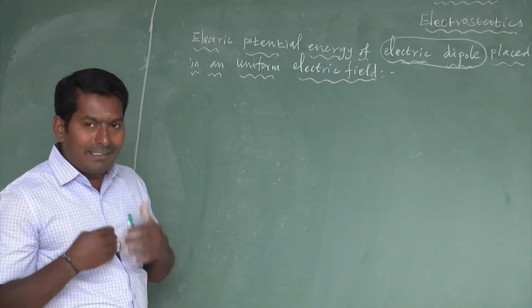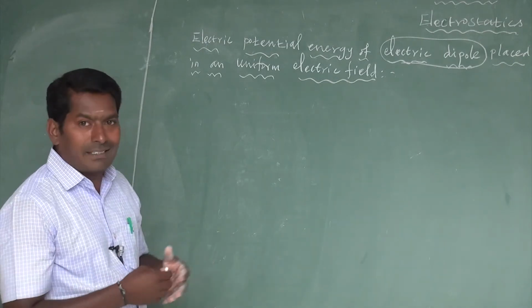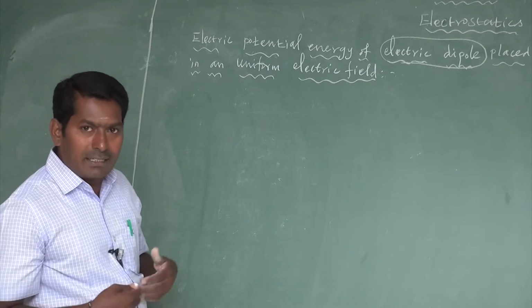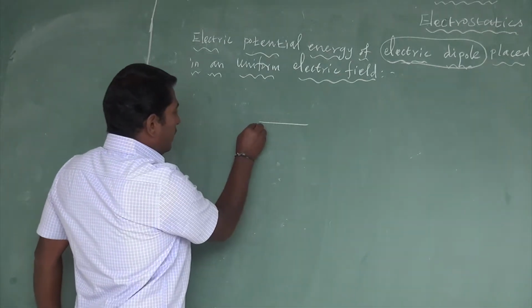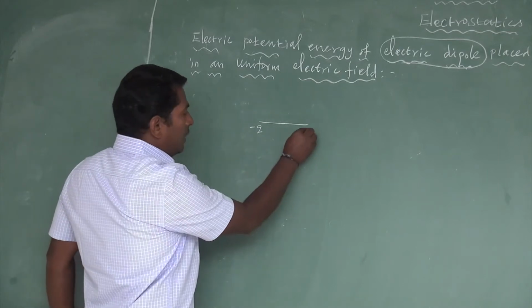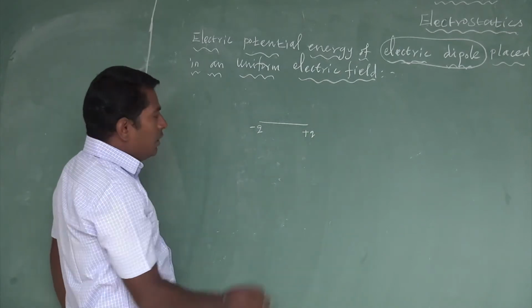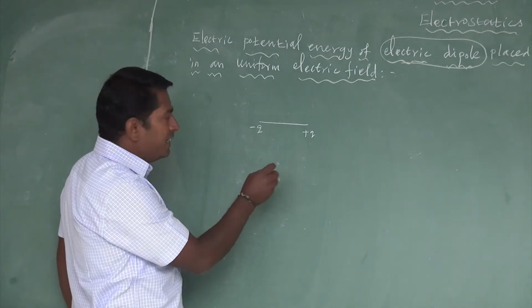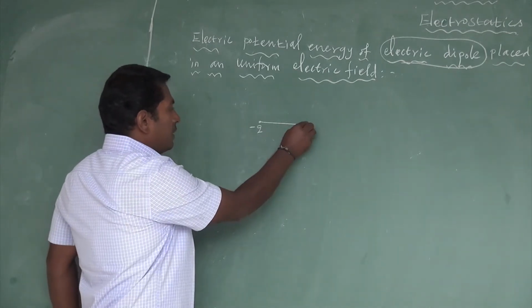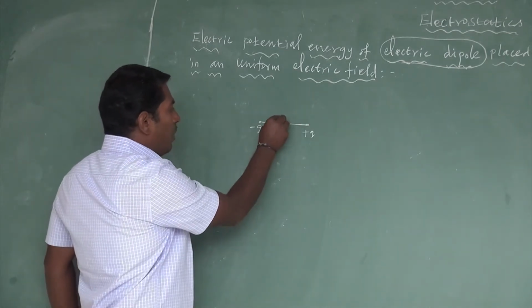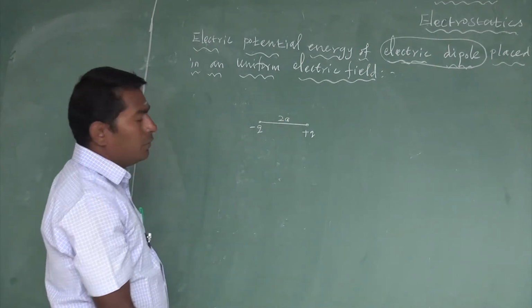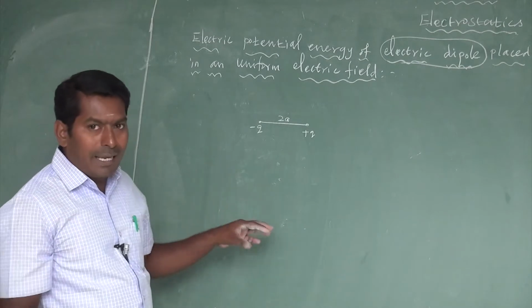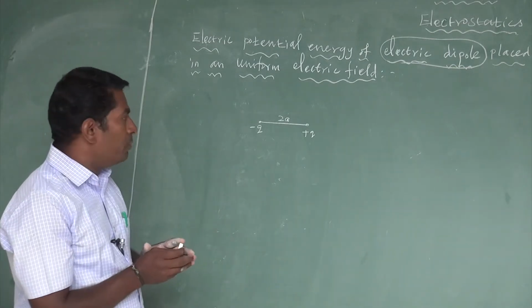Already, I think you watched what an electric dipole is. Once again, I tell you: a minus q charge and a plus q charge, of equal magnitude and dissimilar sign, separated by a very small distance 2a, constitute an electric dipole. An electric dipole has a permanent electric dipole moment.